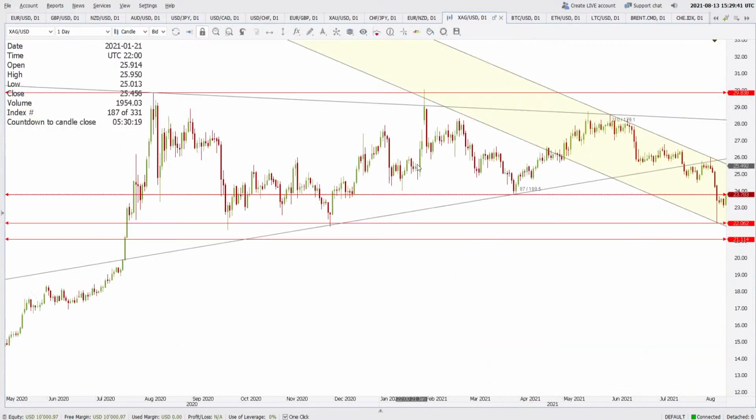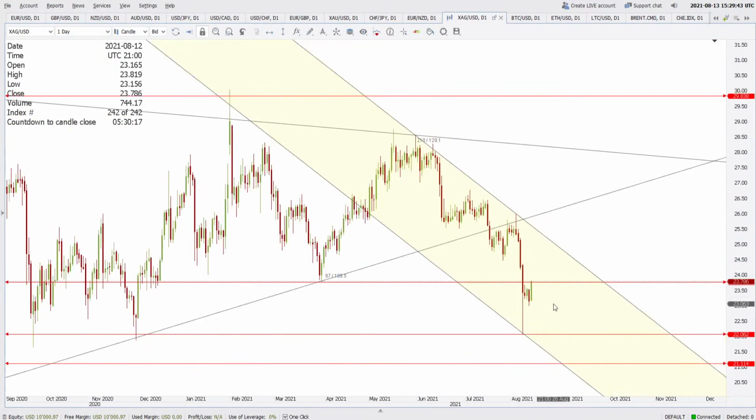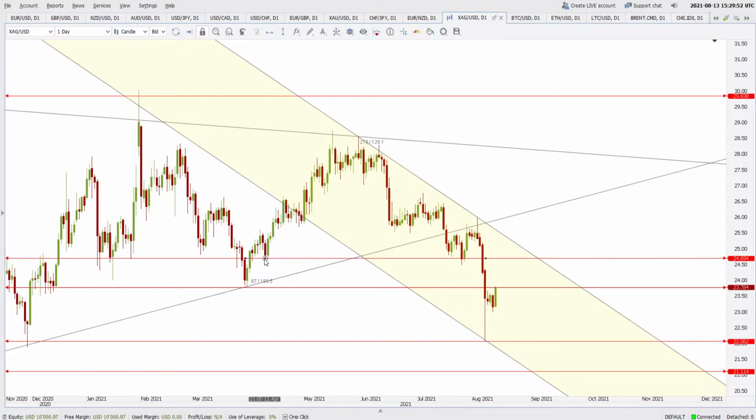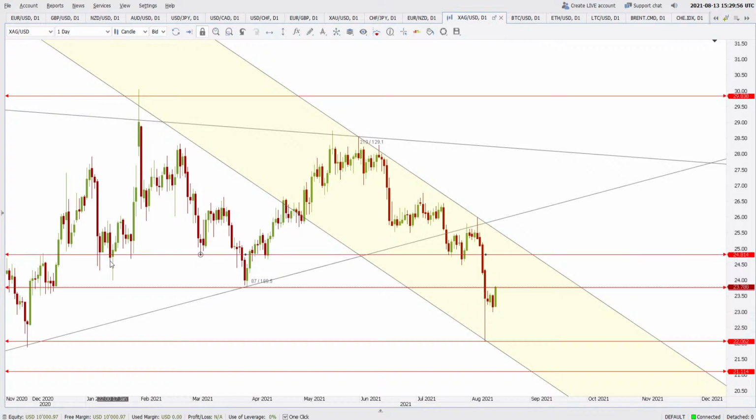We still have almost 5 hours and 30 minutes on the daily chart for the candlestick close. Maybe the price will be able to push all the way up to these lows, but these lows are more important because they have been tested so many times. 1, 2, 3, 4, 5, 6, 7, 8, 9, 10, 11, 12.